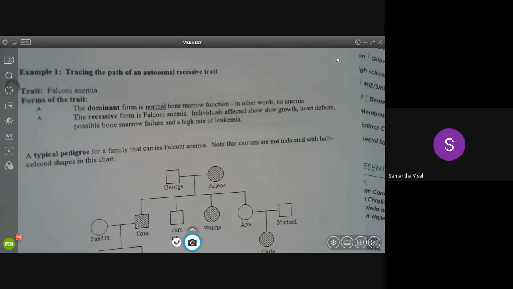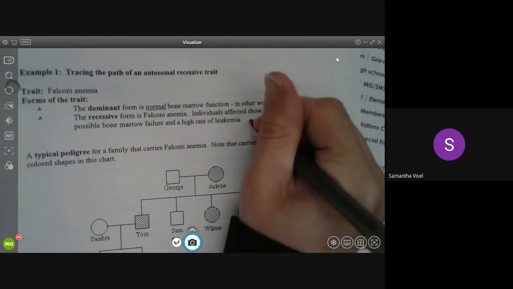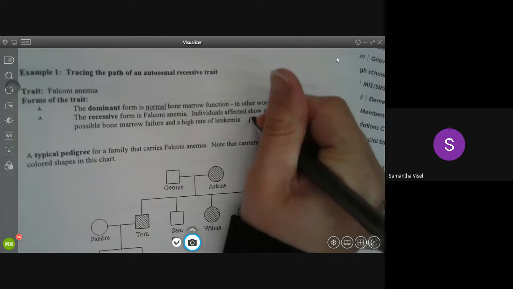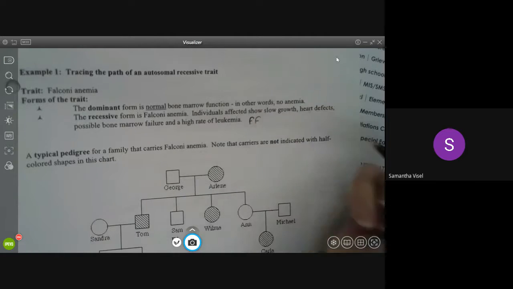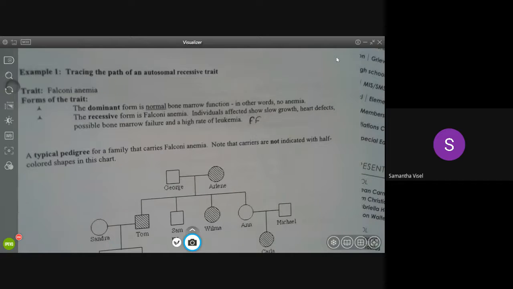If this is a recessive form, again, to be recessive, that means you have two lowercase alleles. So individuals with this disease must be little f, little f.